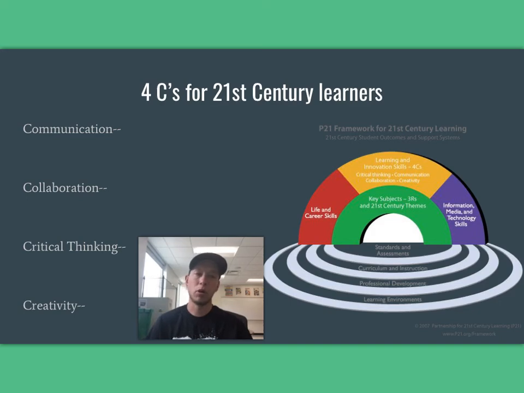But how do we incorporate those learning and innovation skills, the 4 C's, in addition to teaching the life and career skills and the information, media and technology skills? This framework was developed by a partnership. They looked at teachers, they looked at people in the business world, in universities, and they talked about what we want from students.